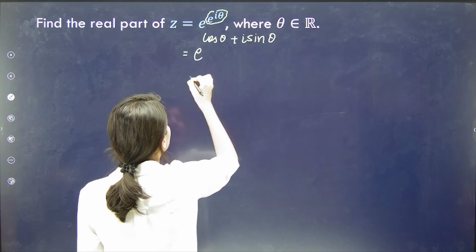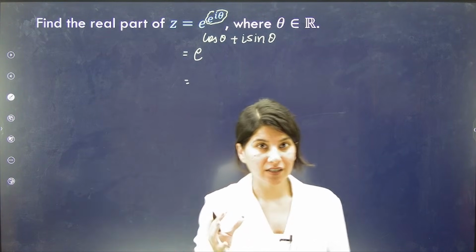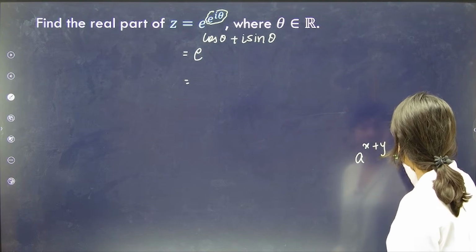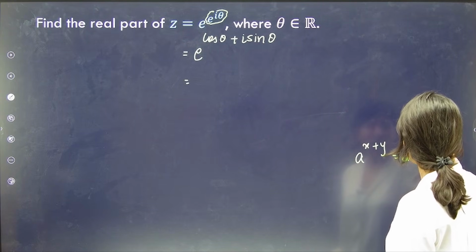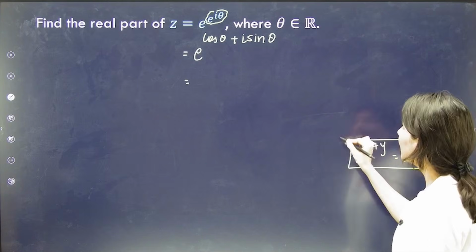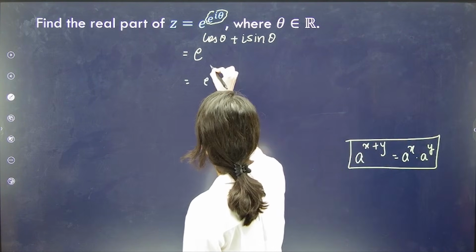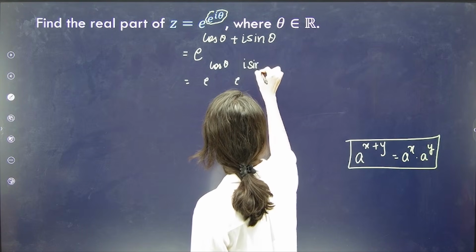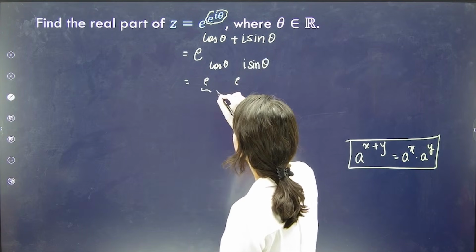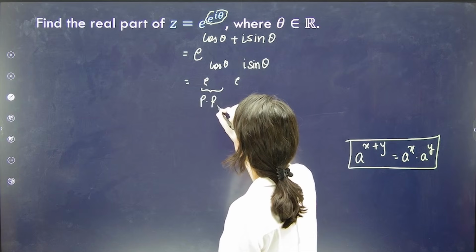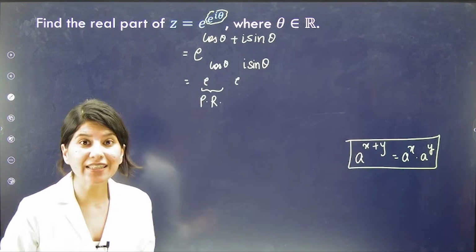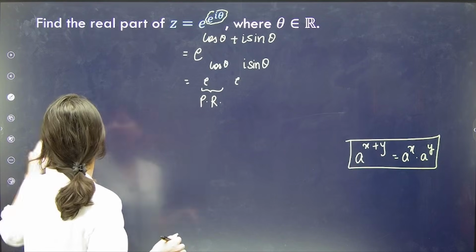Now what I can do is break it. A raised to power x plus y is what? A raised to power x times a raised to power y. Let's make use of it and break it: e raised to power cos theta times e raised to power iota sine theta. Now understand, e raised to power cos theta is purely real. Now e raised to power iota sine theta has both real and imaginary parts.